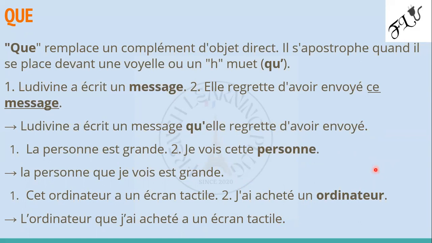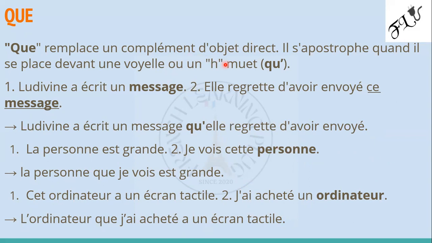I think that was quite well explained. So let's go to que. Que remplace un complément d'objet direct. This is it. If you don't know a direct object complement, you may have a hard time understanding this.